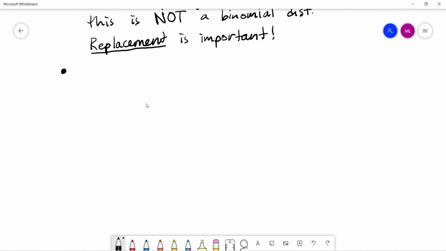And here's the idea. I want to take a simple random sample of maybe 100 voters.